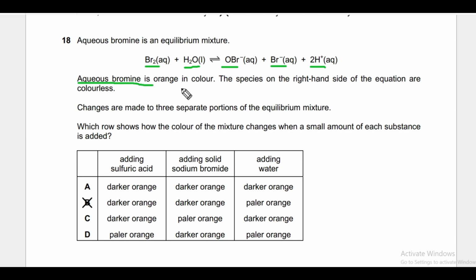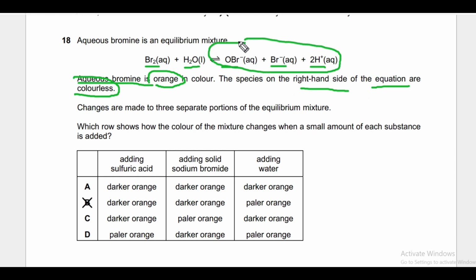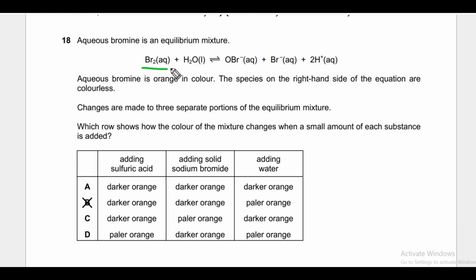Aqueous bromine is orange in color. The species on the right hand side of the equation are colorless. Right hand side have no color, but bromine is orange. So changes are made to 3 separate portions of the equilibrium mixture. Which row shows how the color of the mixture changes when a small amount of each substance is added?